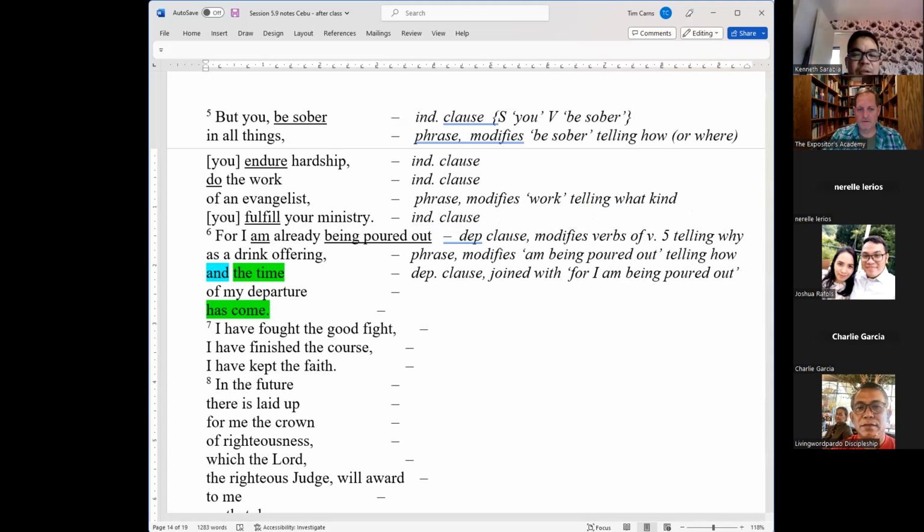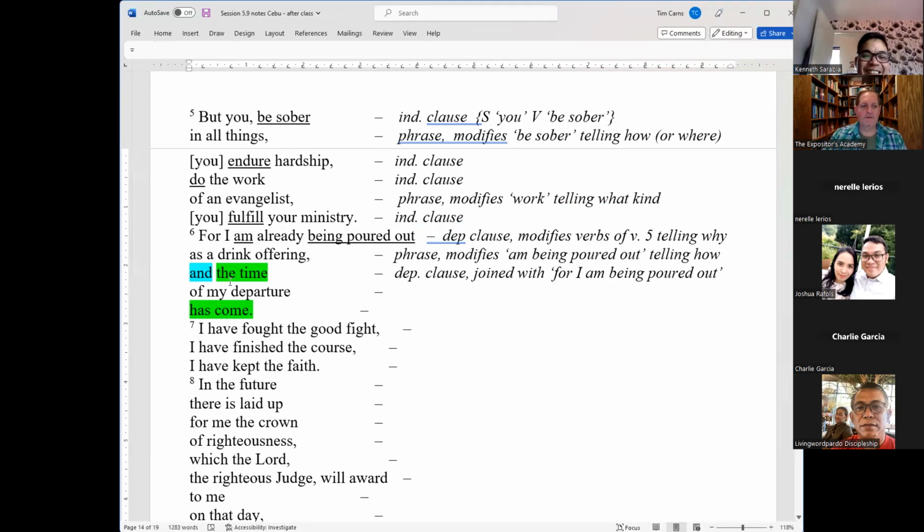Okay. So this is why we spent all that time in verse 5 talking about conjunctions, and what the difference is between subordinating and coordinating. A subordinating conjunction usually introduces a dependent clause, like we saw here with "for I'm being poured out."